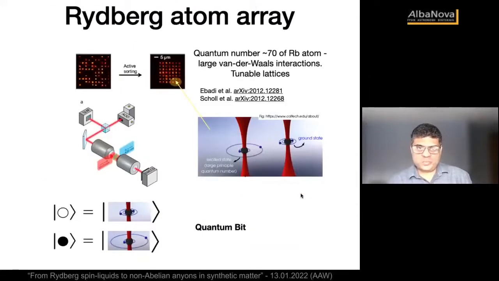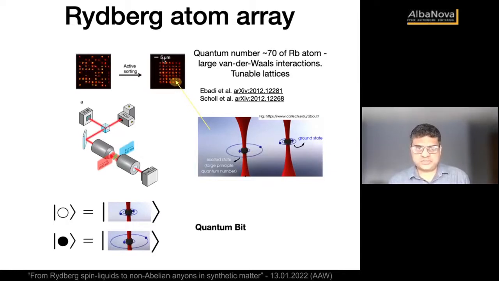Okay, so this is where these Rydberg atom arrays come in. I won't talk about the experimental details here, but just give you a sense for why these are a promising system to engineer new states of matter. These are atoms that are essentially confined to the sites of a lattice.